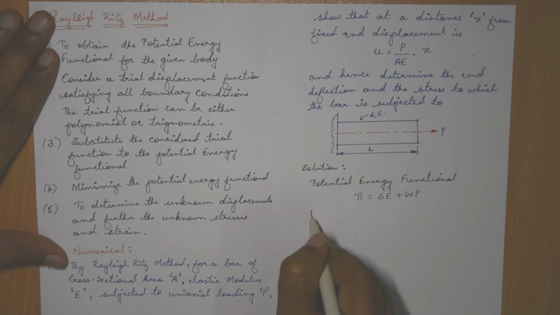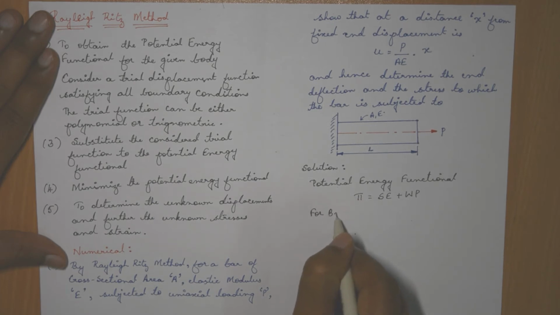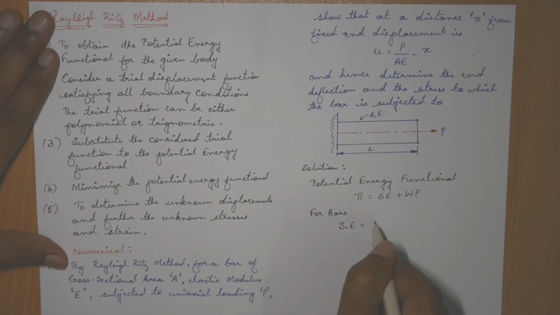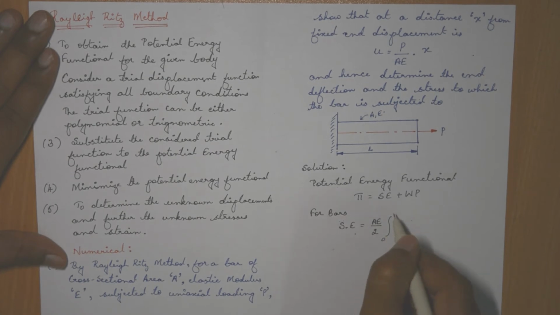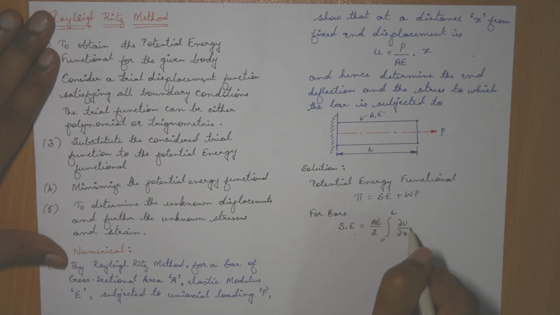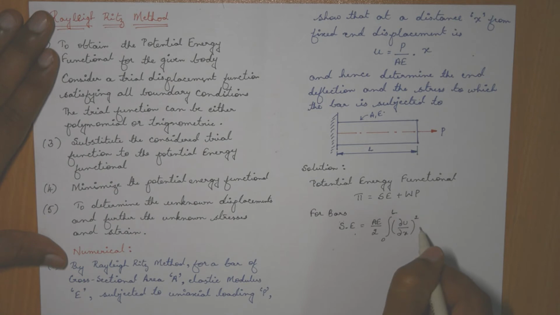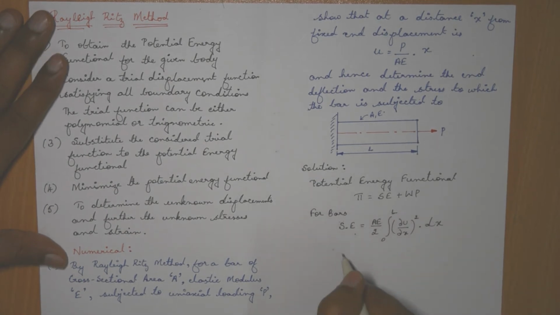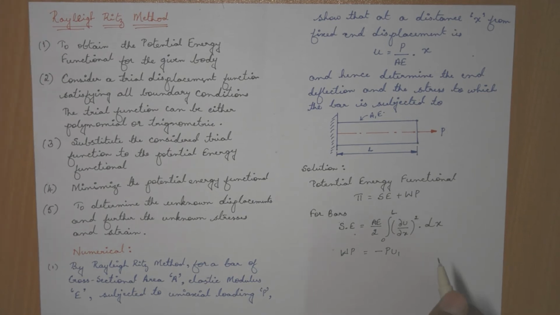So, for bars, strain energy is equal to AE by 2 integral from 0 to the length of the bar, (dU by dx) whole squared into dx. And work potential is, since it is a point load, minus P into the displacement produced, U1.